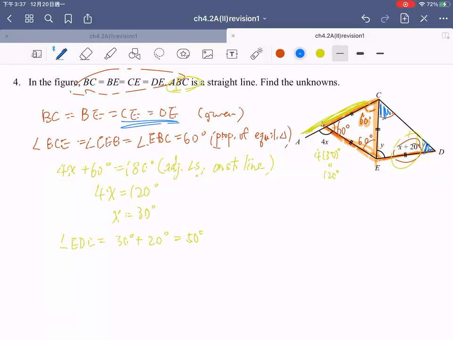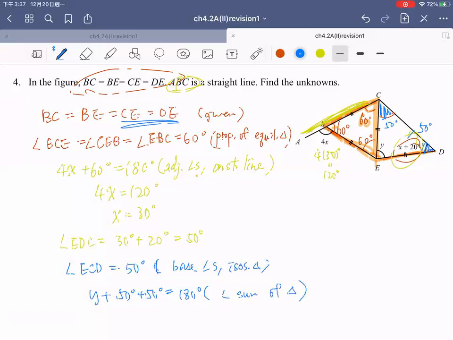So you just write angle ECD is 50 degrees, base angles isosceles triangle. So you state here 50, 50. Then you can find y also. 50 plus 50 plus y is 180, angle sum of triangle. Then y is just minus, right? 180 minus 100 gives you 80. Okay, that's it.